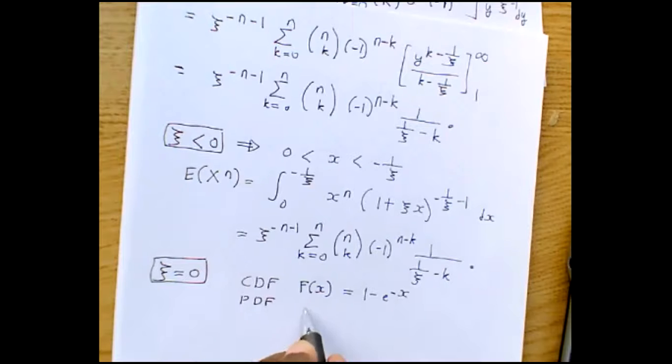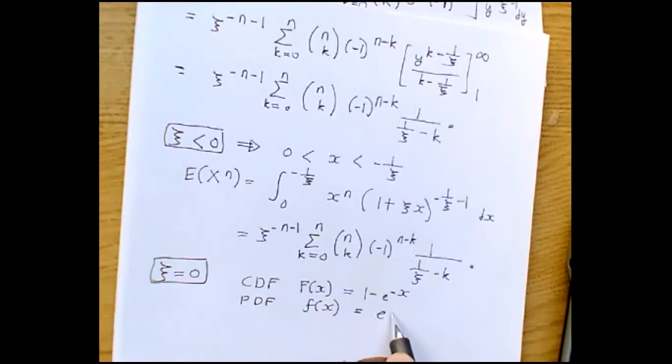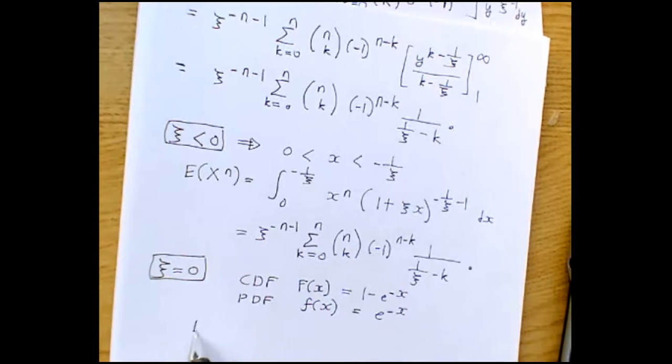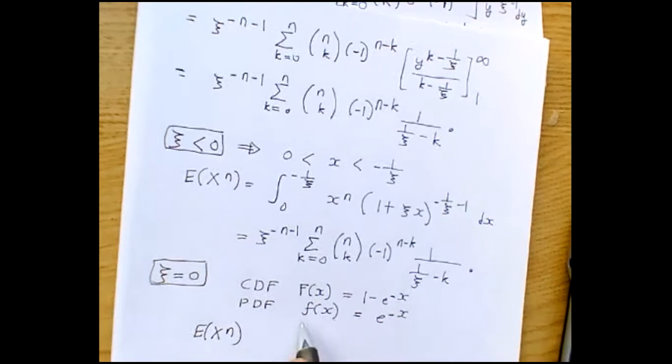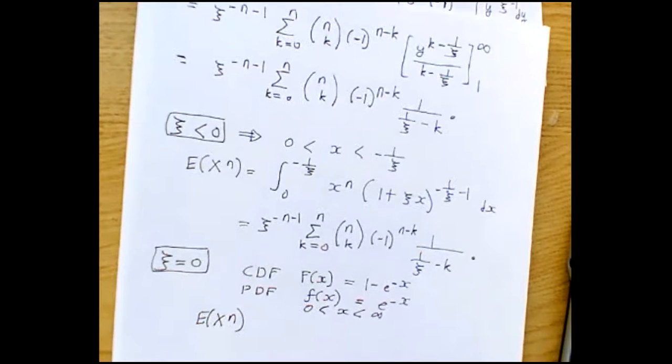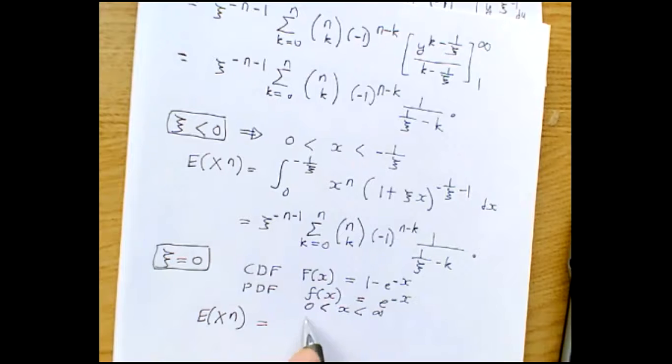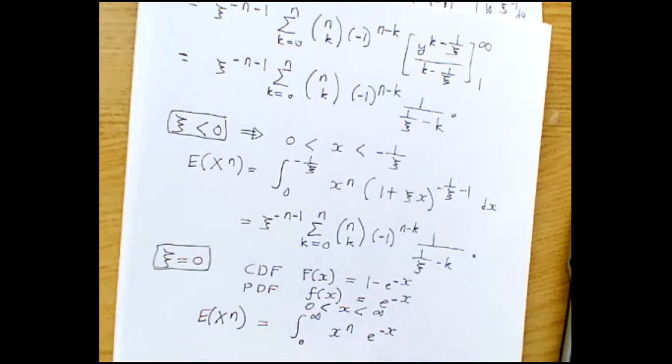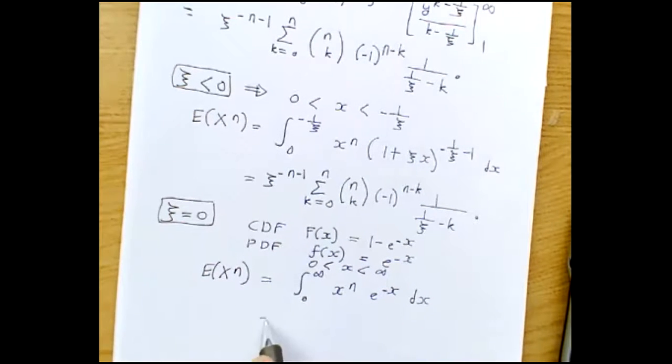So therefore, the PDF is the derivative of this, which is this. So the expected value of x to the power n, and by the way, the domain is from 0 to infinity, is the integral from 0 to infinity of this, which I'm sure you guys all know. This is a gamma function at n plus 1.